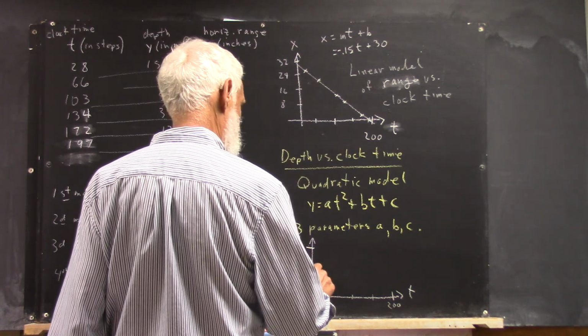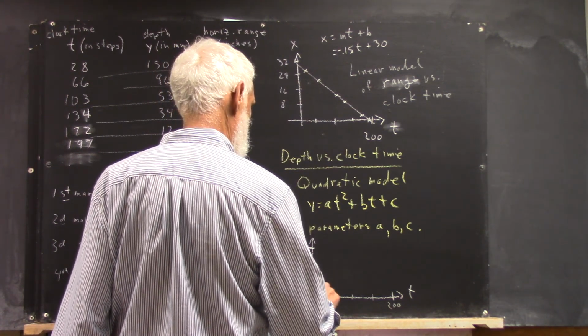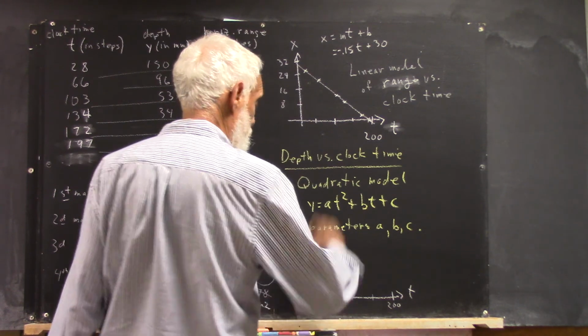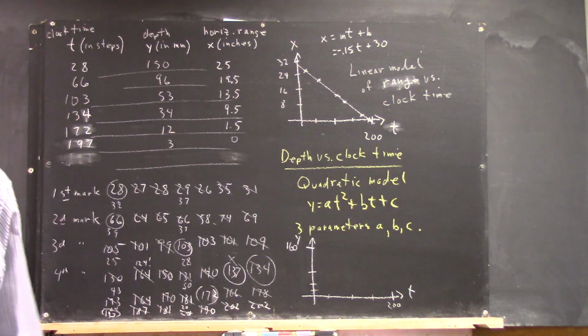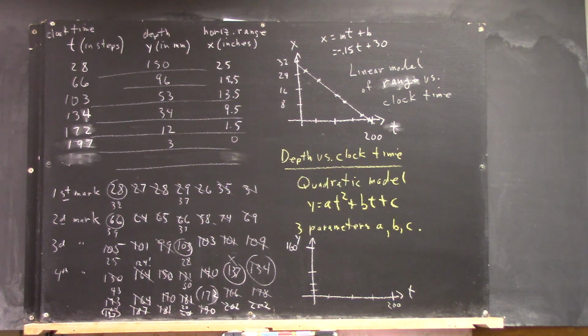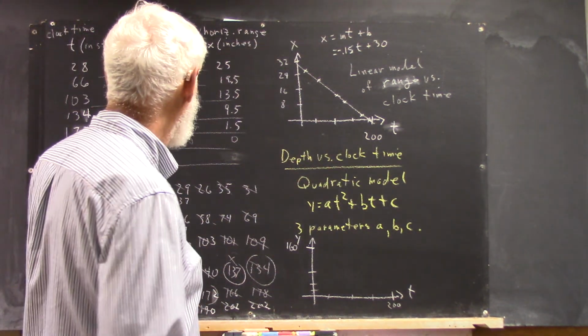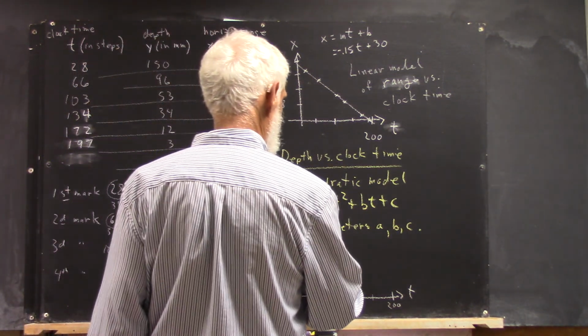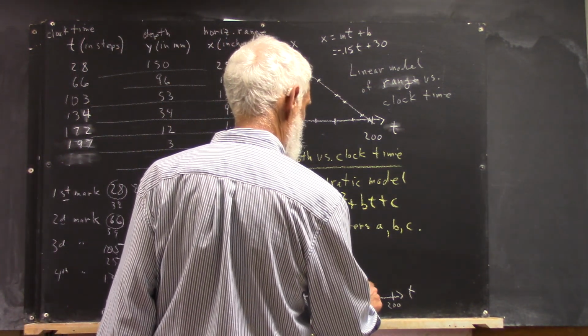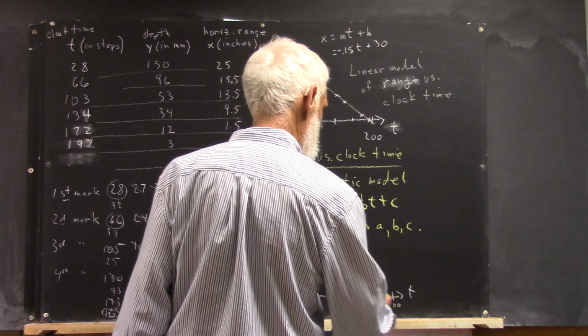So put 160 here and 80 here and 40 here and 20 here and 10 here and subdivide the rest of the intervals in the obvious manner. And then we're going to get a graph that's probably going to look something like this.